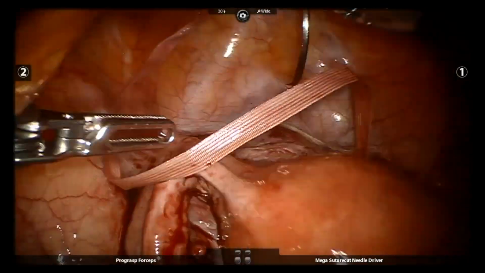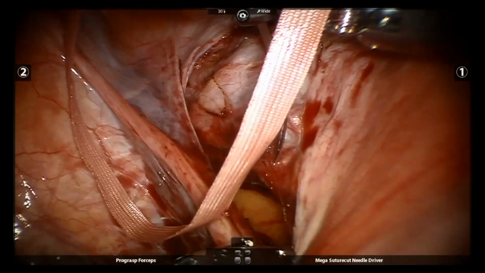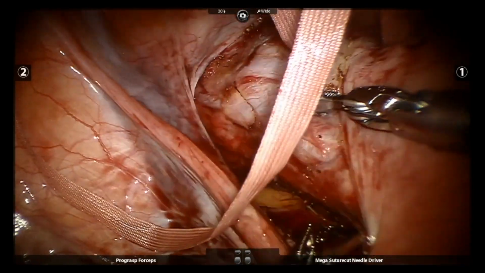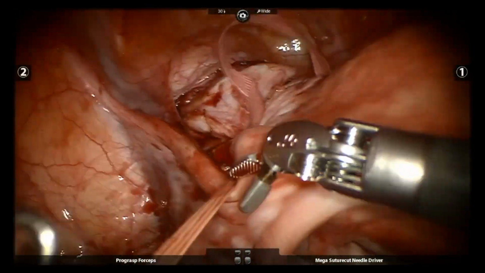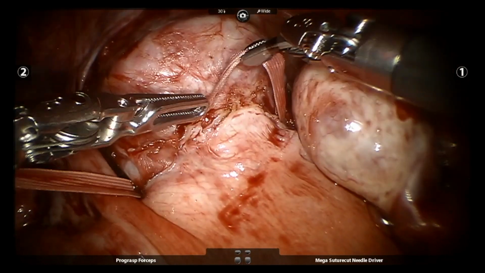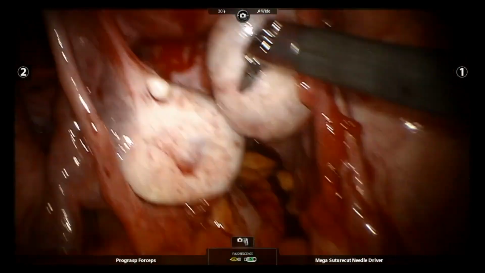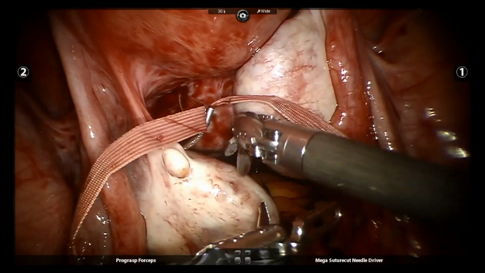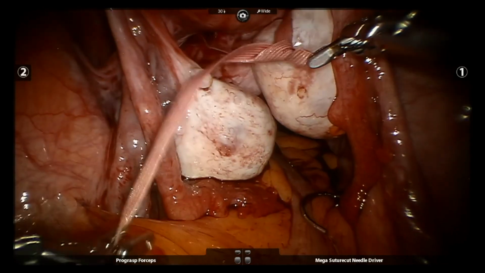And then the surgeon proceeds to the other side. Notice how the surgeon is ensuring that the tape lays flat. The cerclage is tied tightly with square knots.